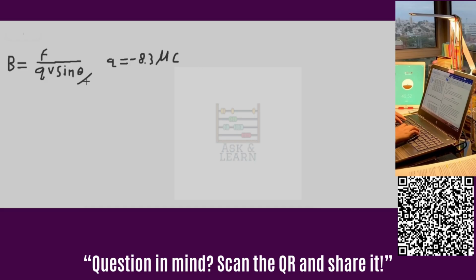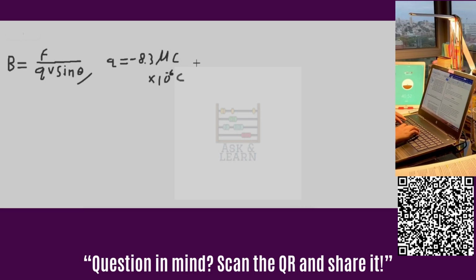So, point of note, microcoulomb is the same thing as writing, you can take this micro here and just substitute it for times 10 to the minus 6. That's what a micro means. Very small number. And that's coulombs instead of microcoulombs. So we'll want this in coulombs, so we'll want to include this times 10 to the minus 6.